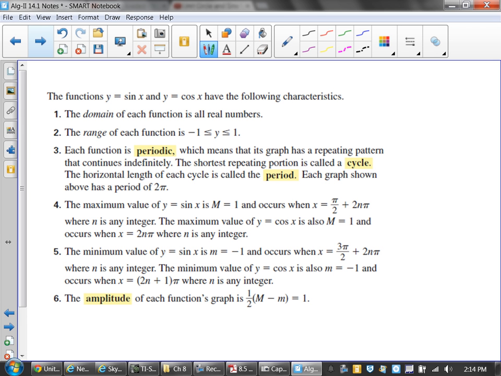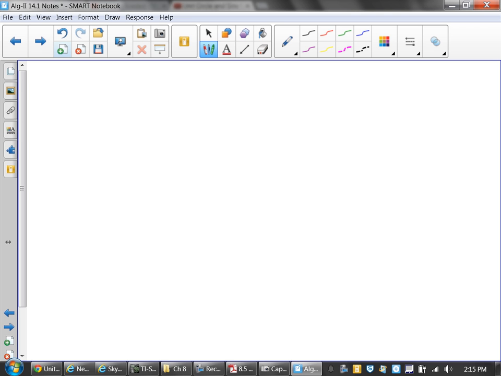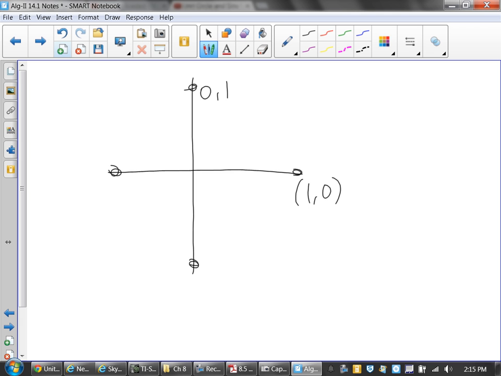What's happening is, again, it's all based off of the unit circle. If I'm looking at sine, it goes 1, 0, 0, 1, negative 1, 0, 0, negative 1, going all the way around.